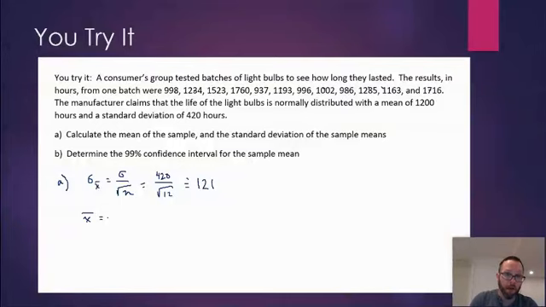And what do we get when we average these 12 values? So 998 plus 1,234 plus 1,523 plus 1,760 plus 937 plus 1,193 plus 996 plus 1,002 plus 986 plus 1,285 plus 1,163 plus 1,716. Hopefully you did it yourself and you fast forwarded through that. And we'll divide that by 12.